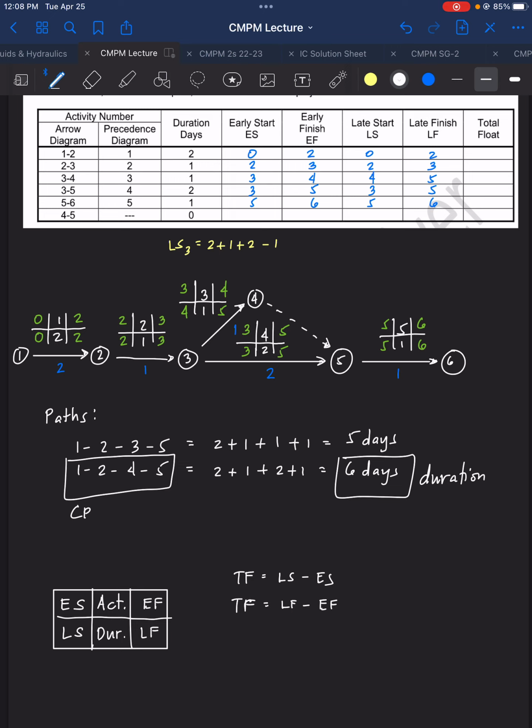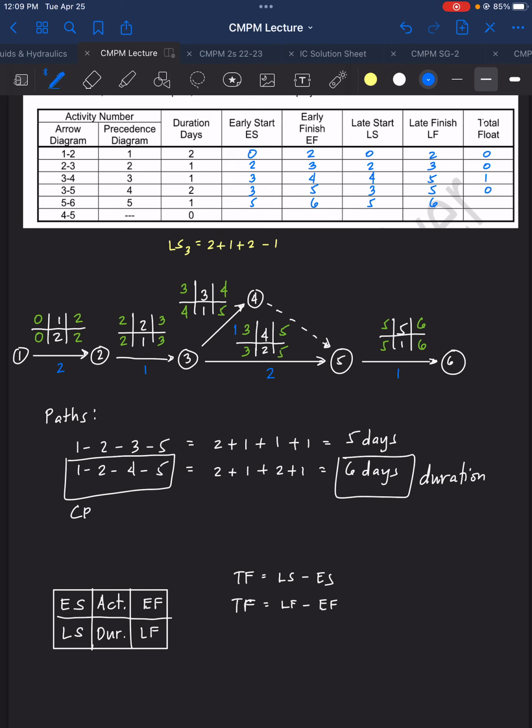So the total float for activity 1 is 0 minus 0, that is 2 minus 2, and that is 0. So for activity 2, we have here 2 minus 2 and 3 minus 3. For activity 3, we have 4 minus 3 and 5 minus 3, 1. We have for activity 4, 3 minus 3, 5 minus 5.